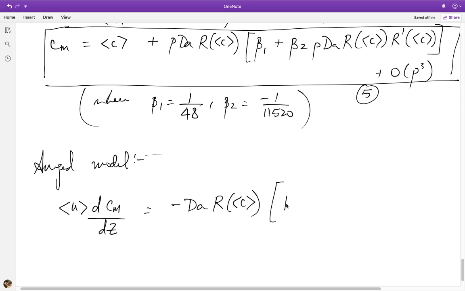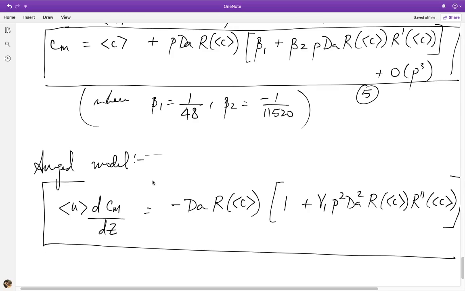And then I have 1 plus a correction arising for the case of second order or higher reaction rate kinetics. So if only there's second order or higher, this term survives. This is also only up to order p square, so order p cube terms have been neglected.